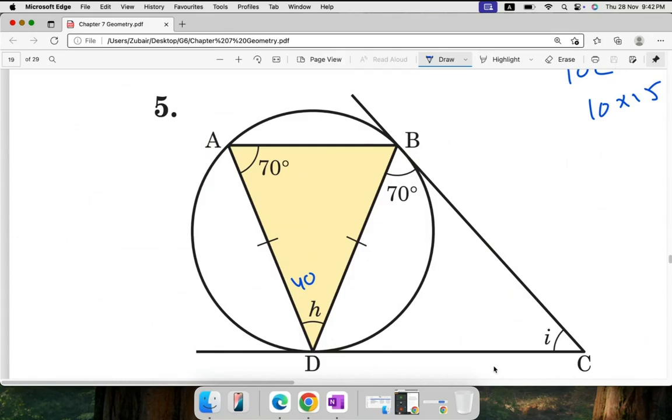And what about I? So I is 40. Yes. In a similar way, CB and CD are equal, so that 70 could be brought down as isosceles. And again, working out, this comes out to be 40.